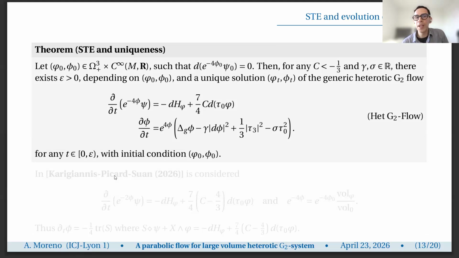For any initial conformally co-closed G2 structure, taking C bounded by -1/3 and any parameters gamma and sigma, this flow has a solution for short time, and the solutions are always conformally co-closed G2 structures.